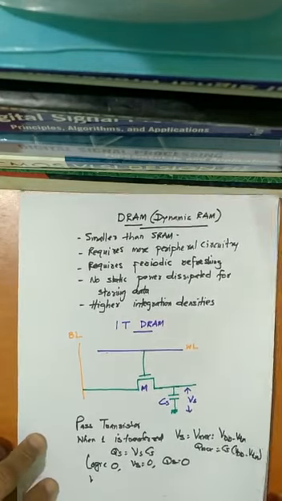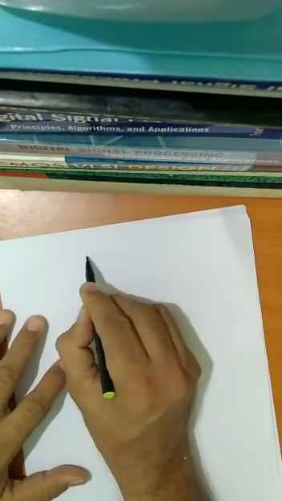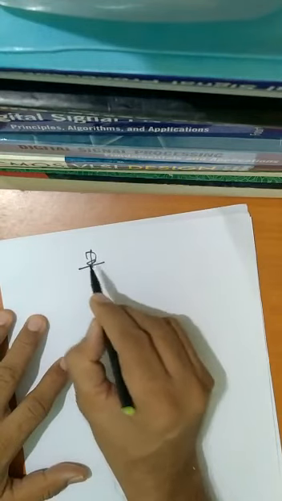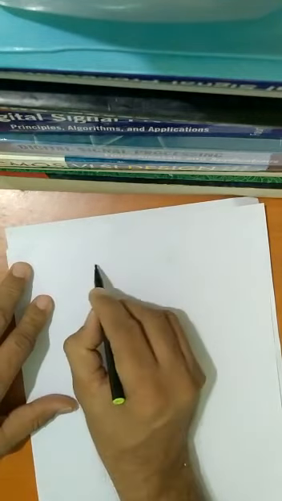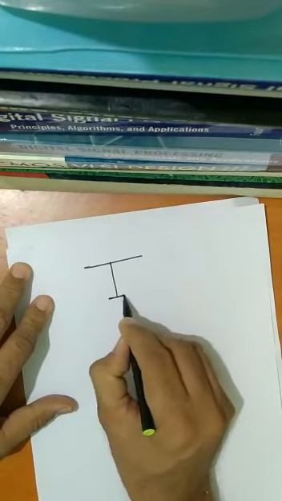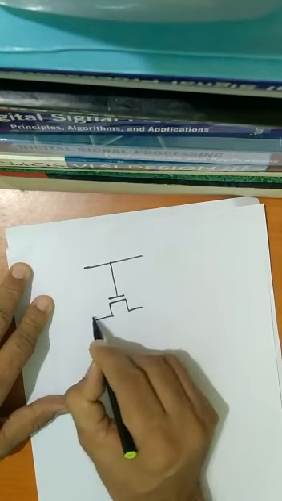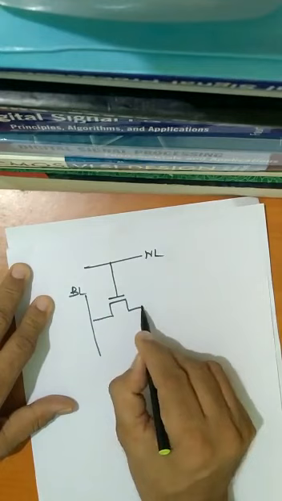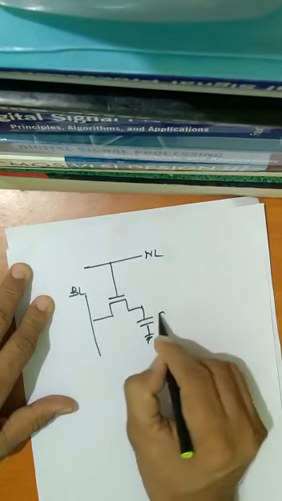The circuit is simple. This is my bit line, this is my word line, this is my capacitance.